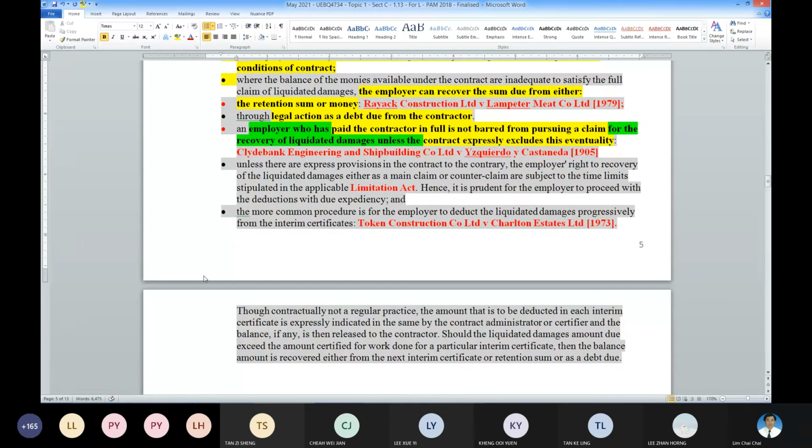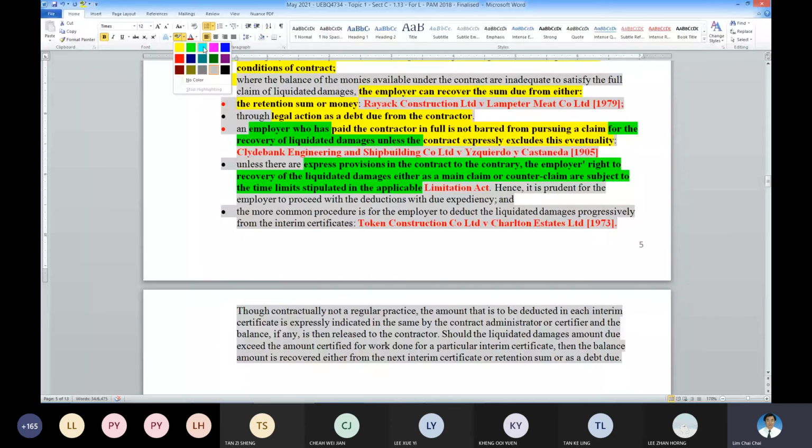Next. Usually, if you want to get the money, please do so within the time limit of the Limitation Act. If not, your right is going to expire. So therefore, it's advisable to deduct timely. Okay?